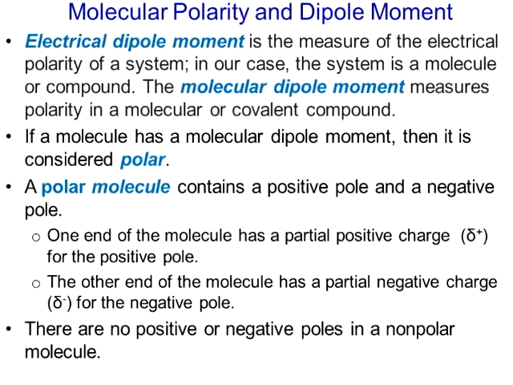One end of the molecule has a partial positive charge for the positive pole. The other end of the molecule has a partial negative charge for the negative pole. Now, it's important to recognize that there are no positive or negative poles in a nonpolar molecule. In a nonpolar molecule, the electrons are equally distributed throughout the molecular structure.